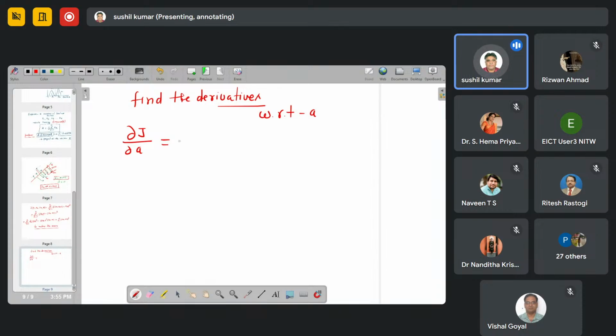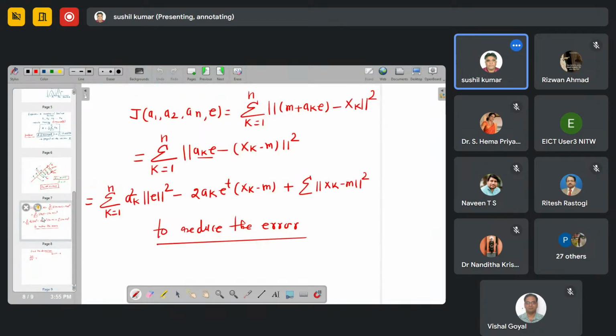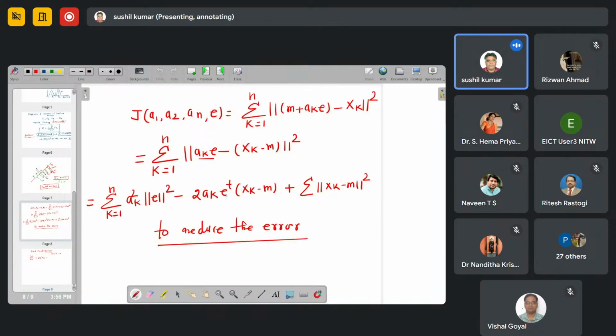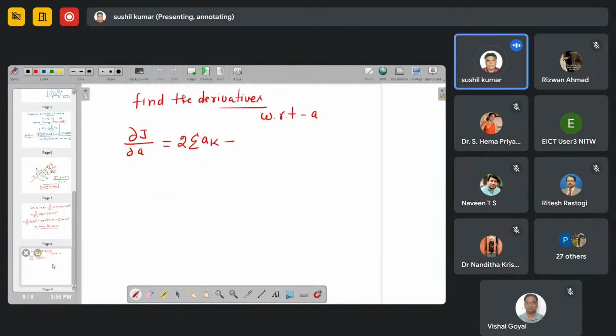When I differentiate this portion, at this position you get 2 a_k, and minus this portion, (x_k minus m), with 2 a_k e transpose. The derivative of the term with a_k gives 1, so it will be 2 e transpose (x_k minus m), equal to 0.